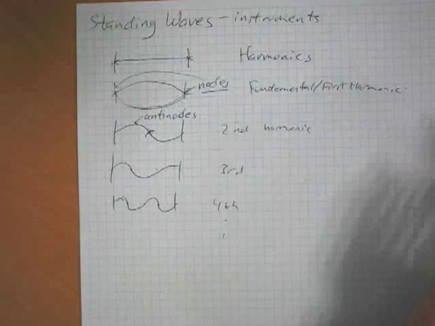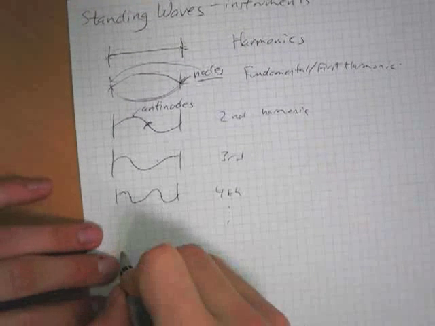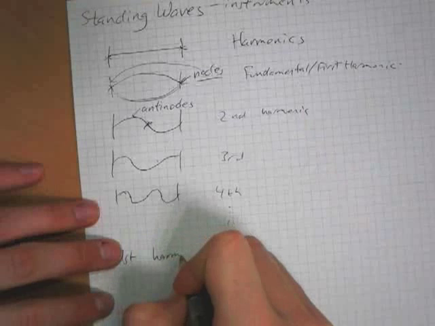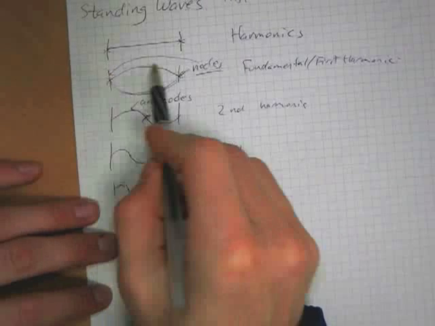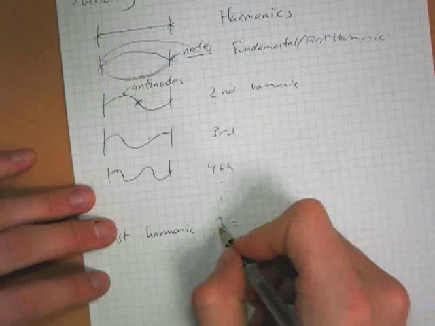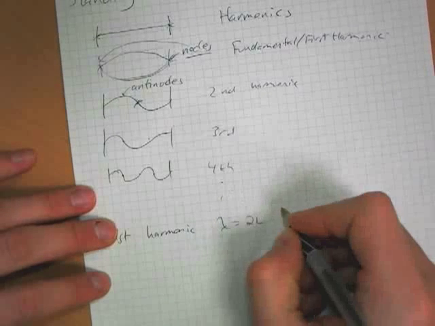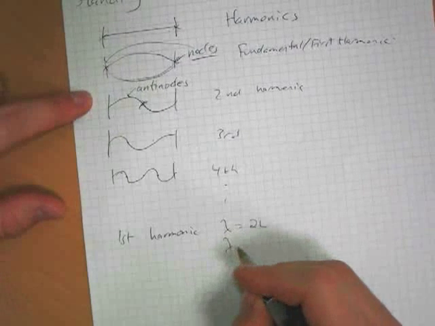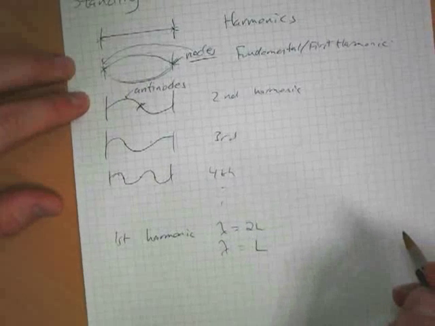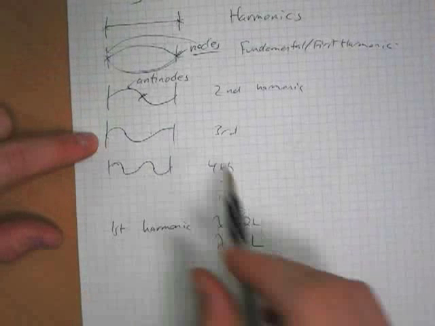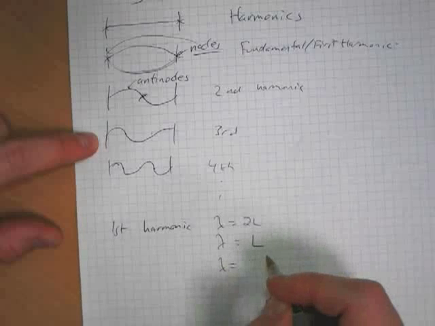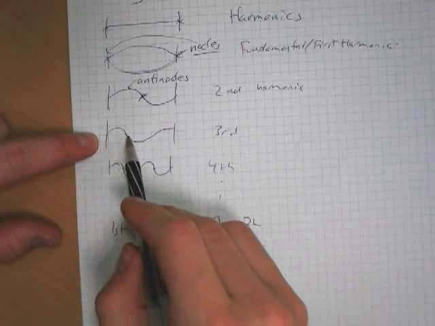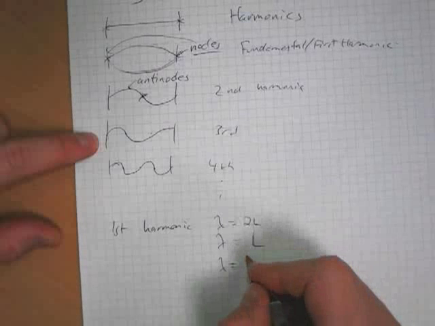Okay. So for the first harmonic, whatever is the length of this string here, the wavelength is twice that. For the second harmonic, the wavelength is equal to that length. For the third harmonic, this is 1.5 wavelengths, and so the wavelength is, well, from here to here, that's 2/3 of our length.